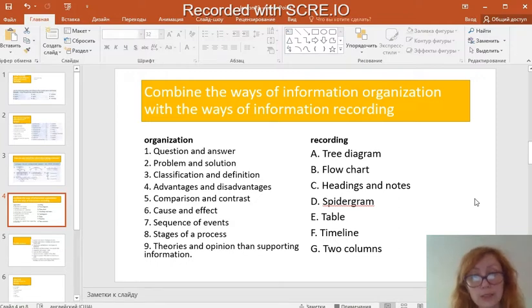For example, if a lecturer gives you a lecture and organizes their information like question and answer, what is the possible way to record that information in your copybook? Or problem and solution. How would you record that?